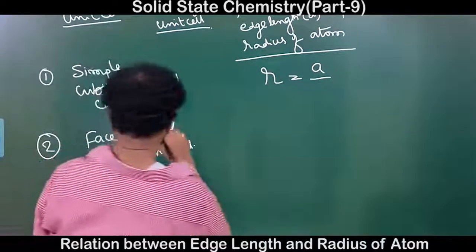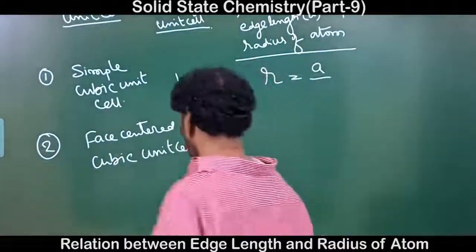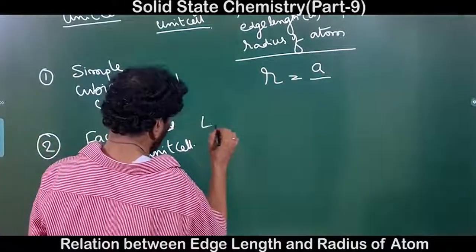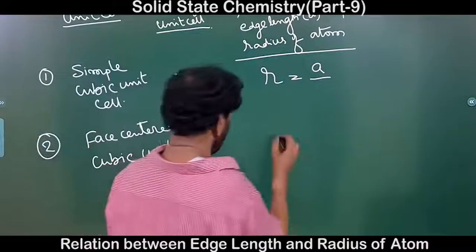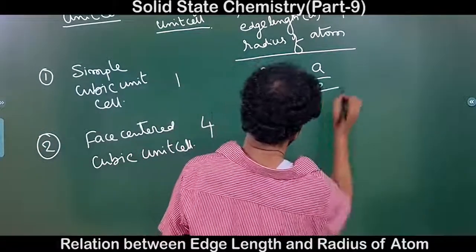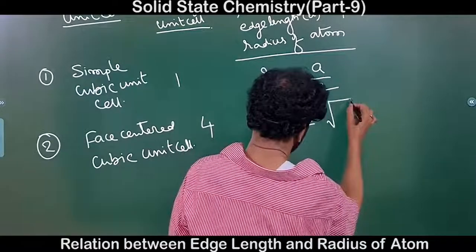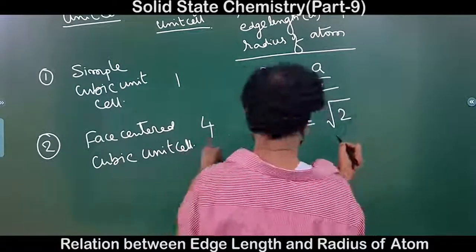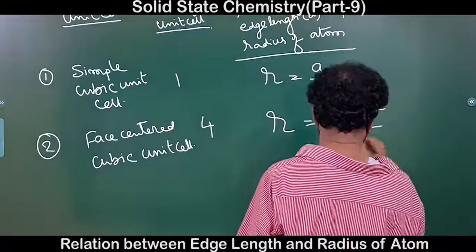For the rank, there are 6 at the faces and 8 at the corners: 1 plus 3, that is 4, is the rank of the unit cell. We already discussed this. Here r is equal to root 2 into a by 4.